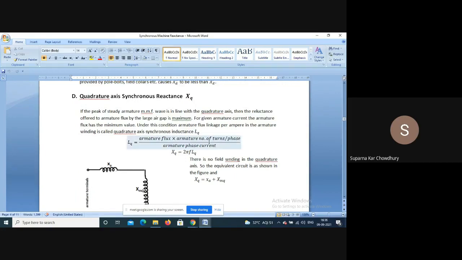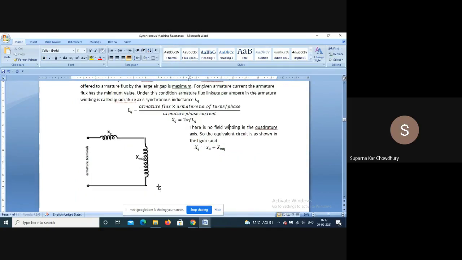There is no field winding in the quadrature axis. However, machines which have a continuous damper winding can have a damper winding in the quadrature axis, but it is a temporary winding and there is no current.